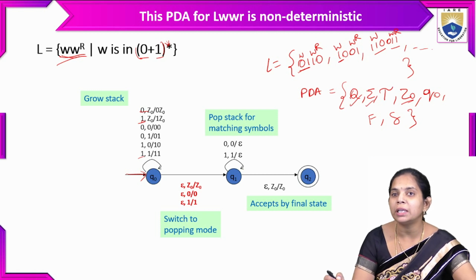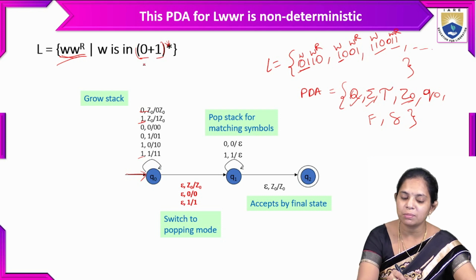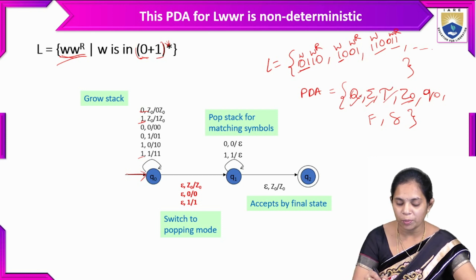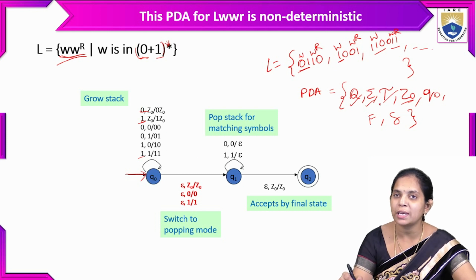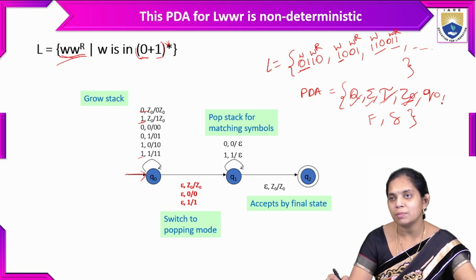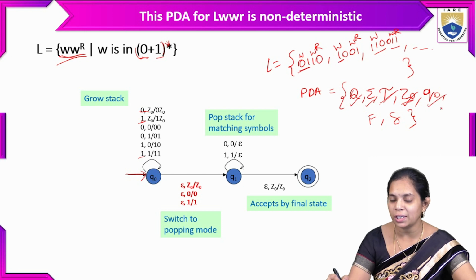Sigma is the input symbols, which are already given as 0 or 1. Next are the tau symbols, where we have to include Z0 and whichever input symbols are pushed into the stack. Those are named tau symbols. Z0 is the initial stack symbol, Q0 is the initial state, and then the final state and the transitions.